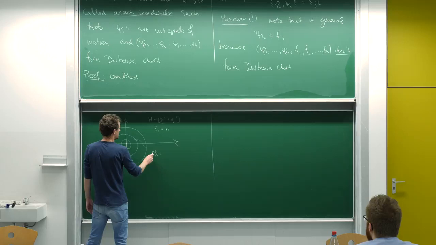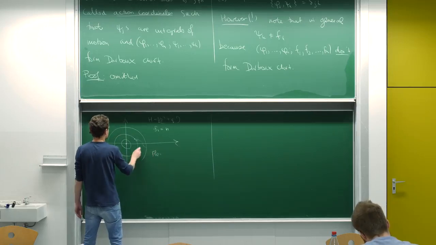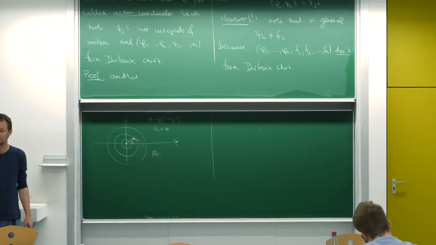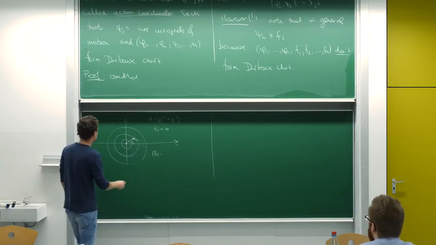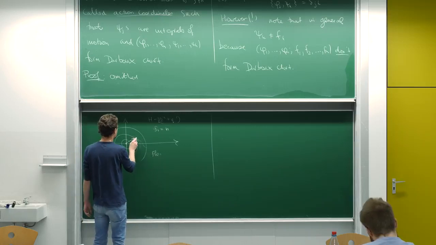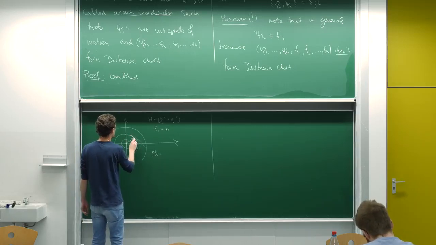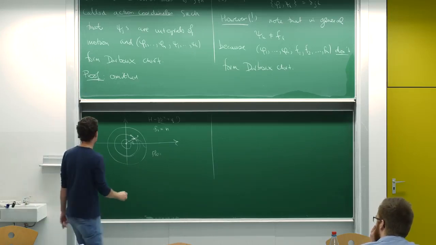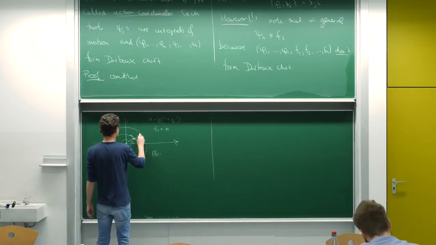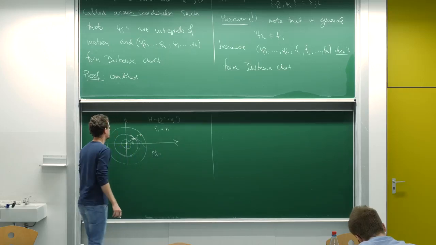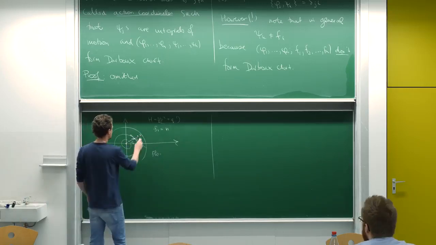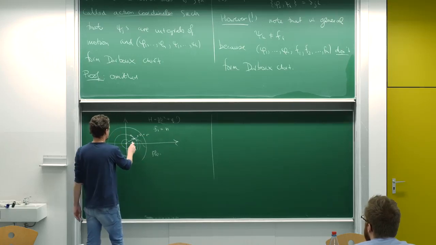So these level sets are just circles, and you have indeed an angle variable phi 1, and you have a conjugate coordinate going in that direction there, psi 1. So psi 1 is the radius, and phi 1 is the angle.